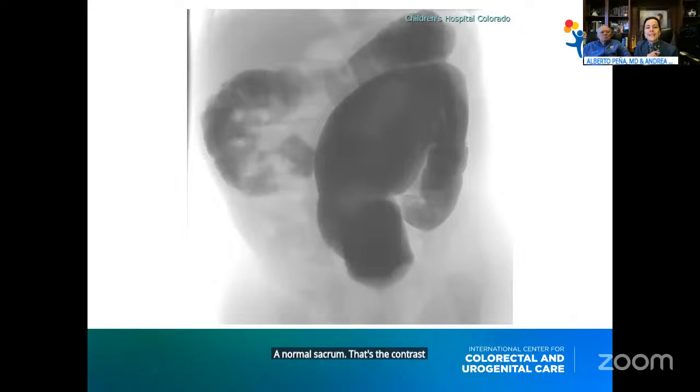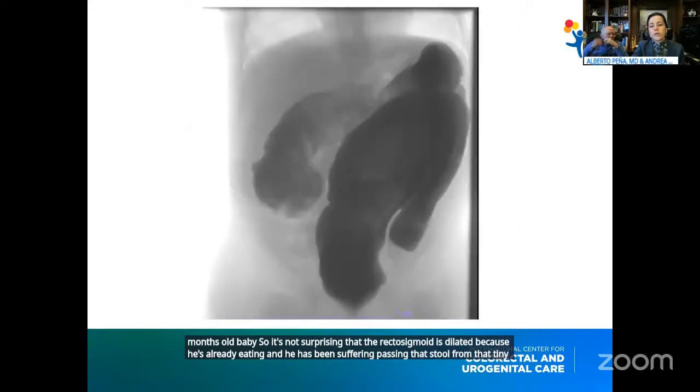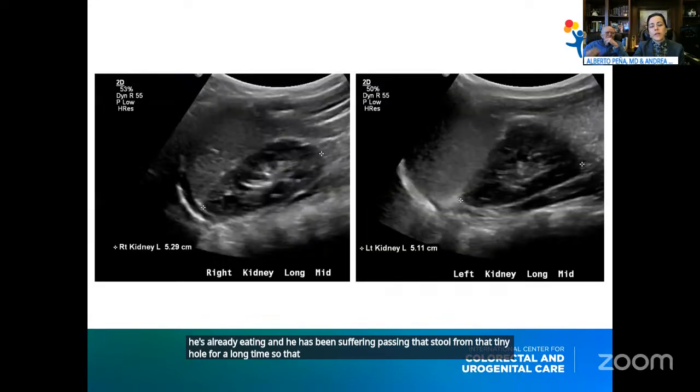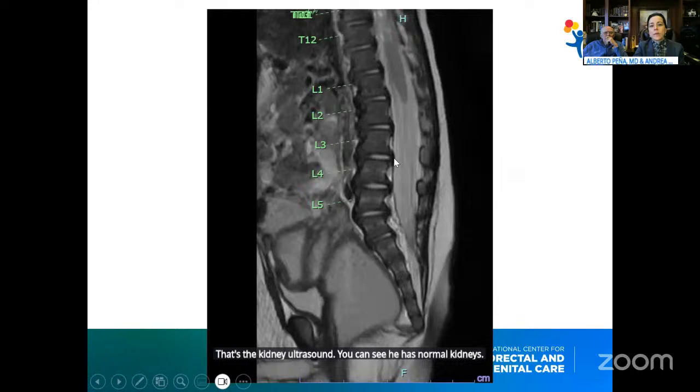And remember, this is an 8-month-old baby, so it's not surprising that the rectosigmoid is dilated because he is already eating and he has been suffering passing that stool from that tiny hole for a long time. That's the kidney ultrasound. You can see he has normal kidneys. That's the MRI showing that there is no tethered cord and no presacral mass.